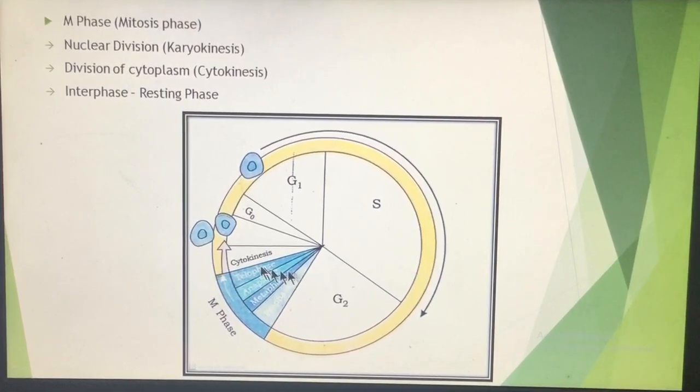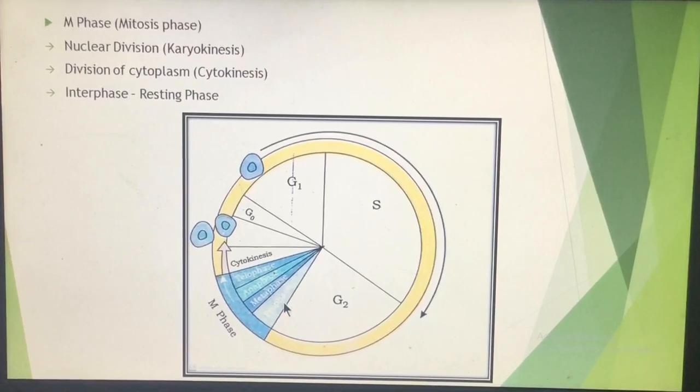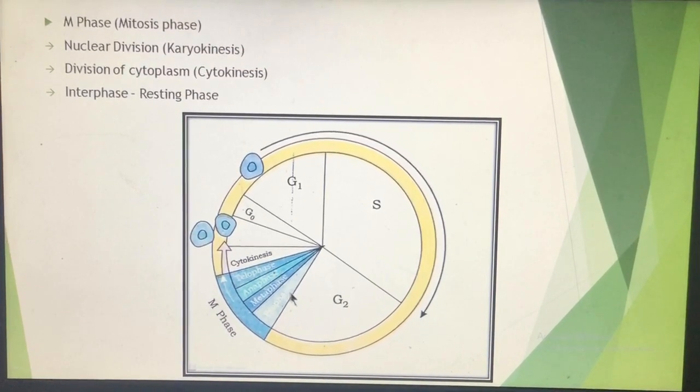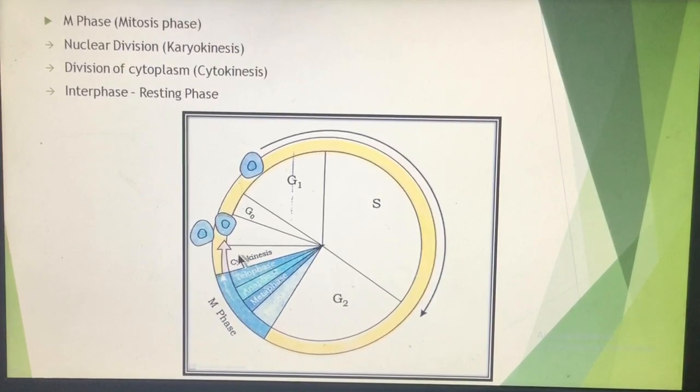Okay, and this is the karyokinesis. That means M phase में karyokinesis का जो phase है, it is a bit longer than the cytokinesis. Cytokinesis का जो duration है, it is very less.